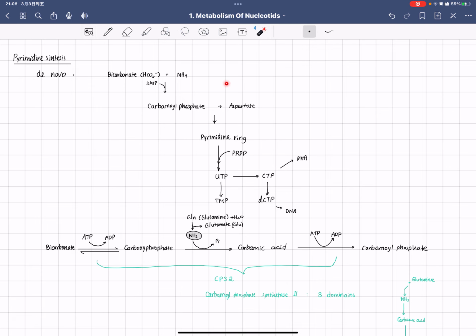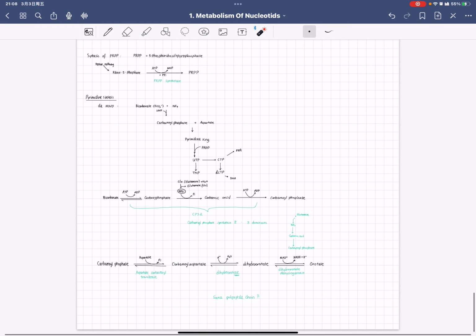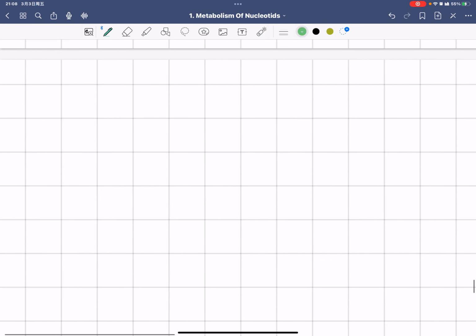So what's next? Well, you can see here, PRPP, the MVP of nucleotide synthesis. We have orotate that we just formed. We add PRPP. Not me referencing the pineapple pen.